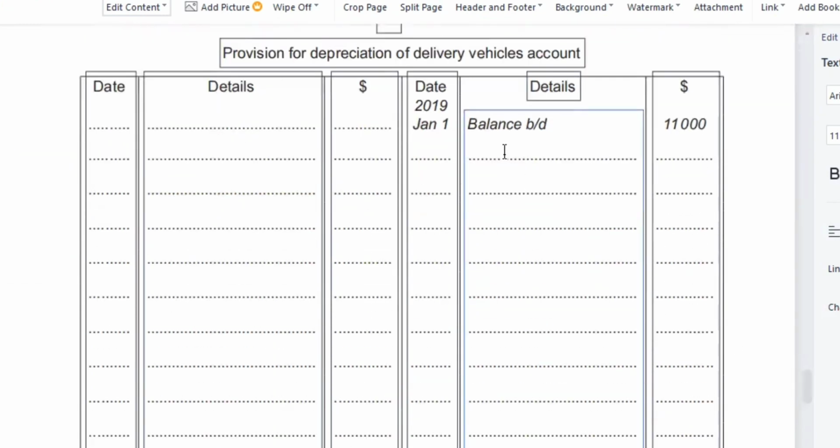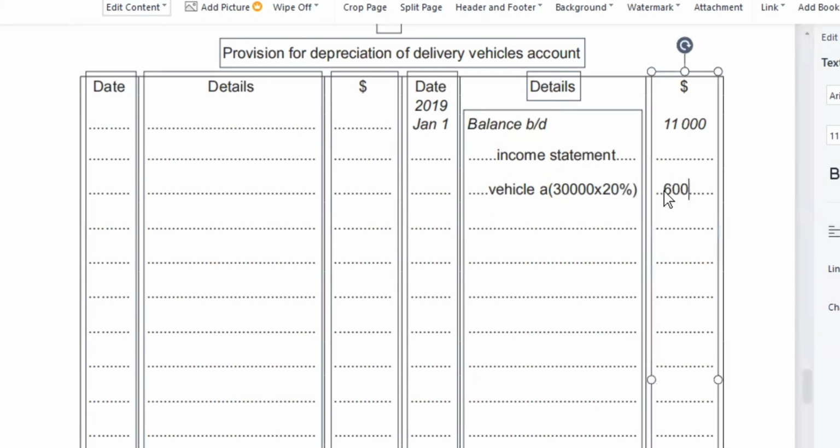So income statement: vehicle A, that was 30,000 multiplied by 20%, that was 6,000. Vehicle B, that was 25,000 multiplied by 20%, that was 5,000.